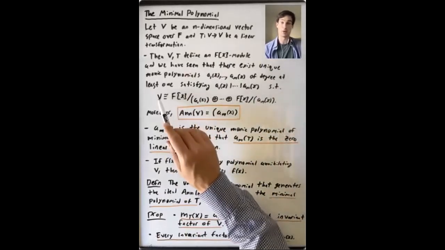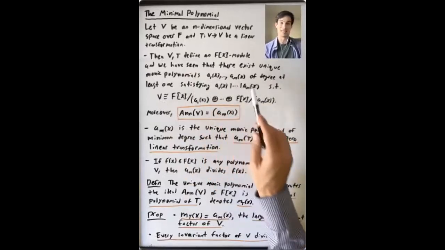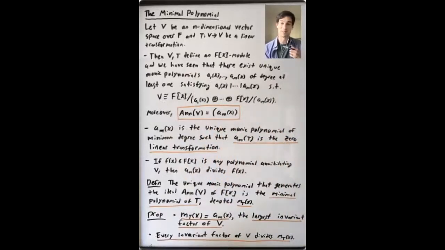So V is this torsion F[x] module, and there's this nice direct sum decomposition.